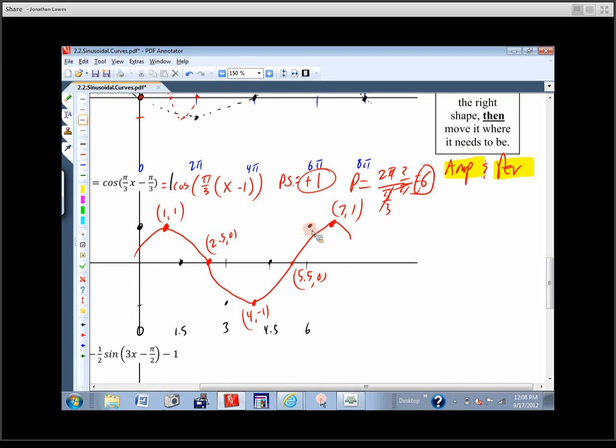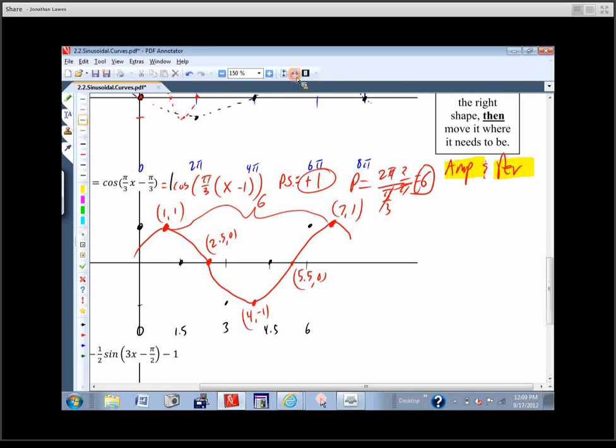The old one used to be at 6, 1, so if I go over 1, that would put me at 7, 1. Good there? Or, where did it start? And how long does it take to complete 1 entire cycle? 6. So if it started at 1, 1, it better finish the cycle 6 units away horizontally, so at 7, 1. Any questions there?